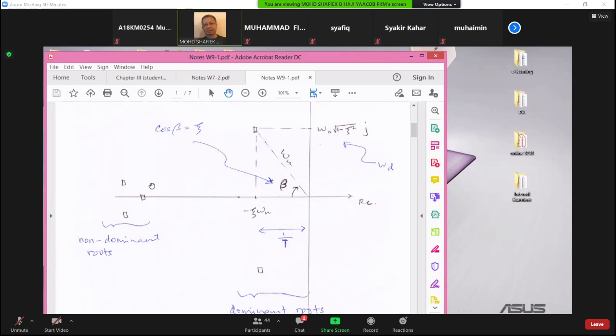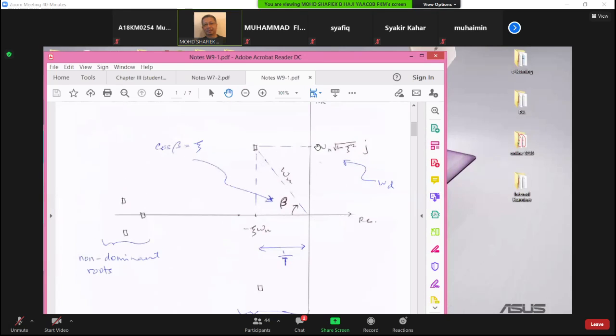The further away the roots are from the imaginary axis, the more non-dominant they become. The time constant for this root becomes very, very large. Now, the time constant for this root becomes very, very small, so it's going to die out very quickly. So the behavior of the system is going to be dictated by the roots closer to the imaginary axis.